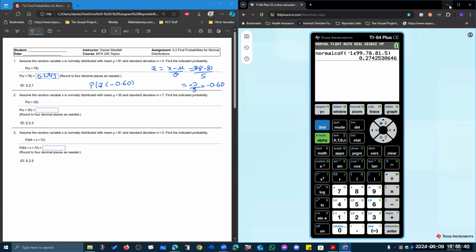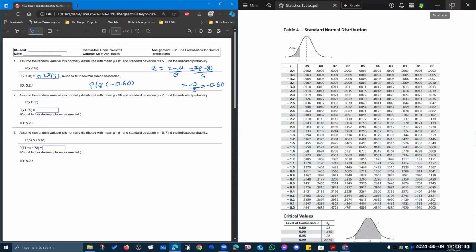So we'll check all of these with the calculator and show you when the calculator is exactly the same as the z table and when it's off a little bit. 35 is my x value, and I want to be greater than that. So z equals 35 minus 50 divided by 7. It's going to be -15 over 7.